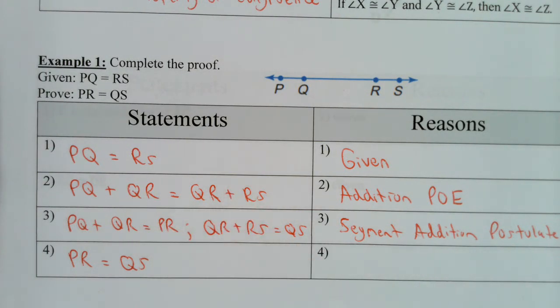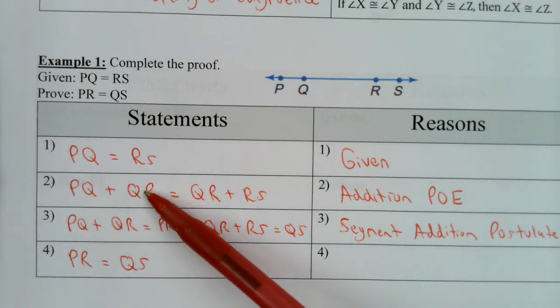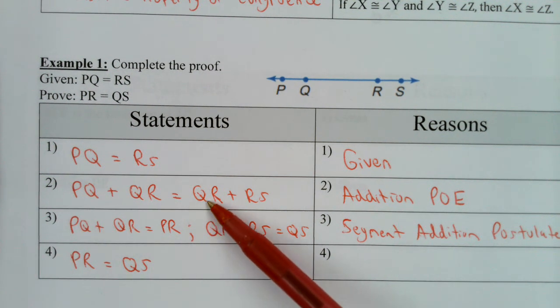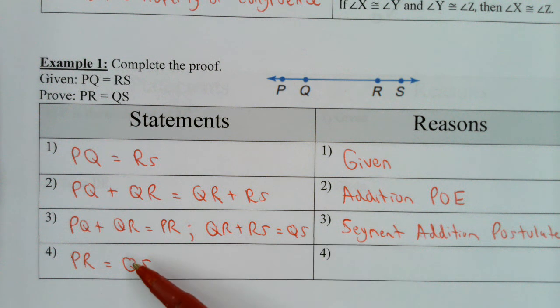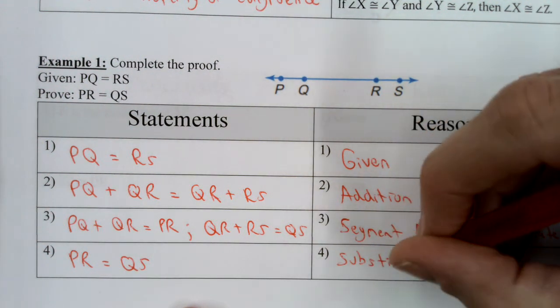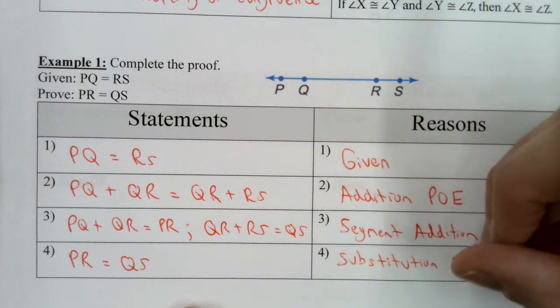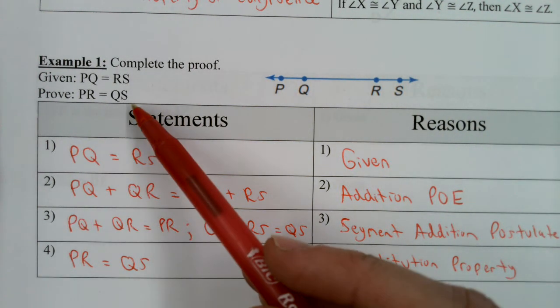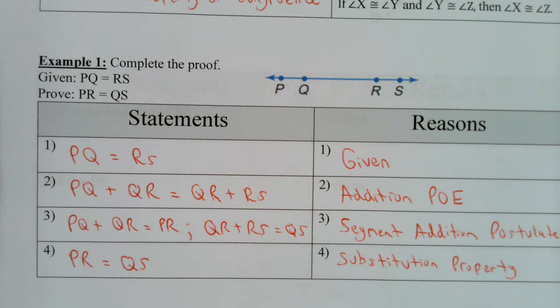I'm replacing PQ plus QR with PR, and QR plus RS with QS. So that's the substitution property. That's what I had to prove, PR equals QS, and we proved it.